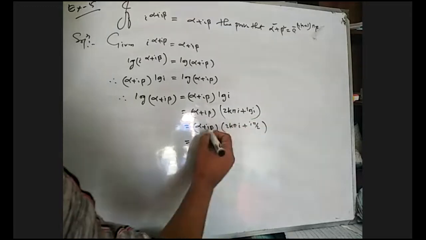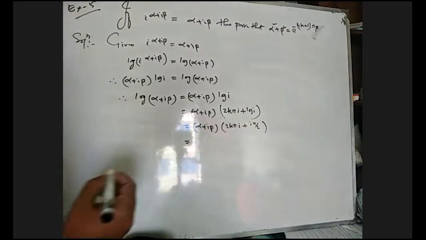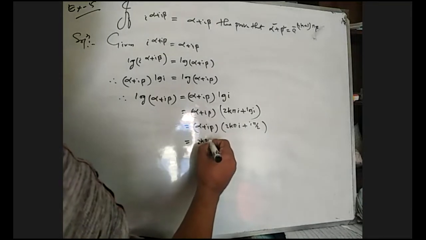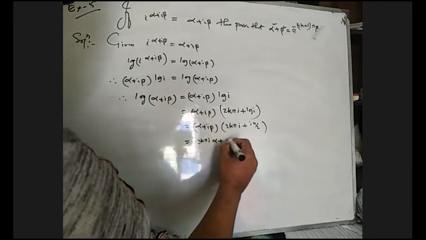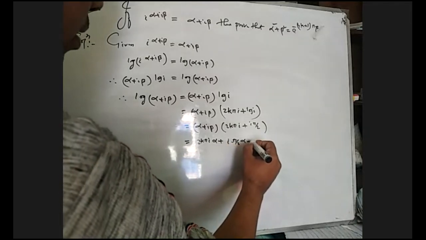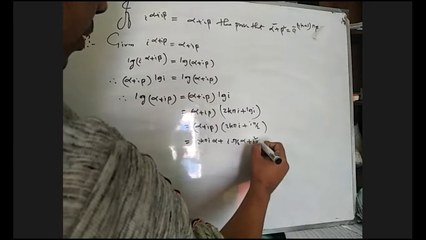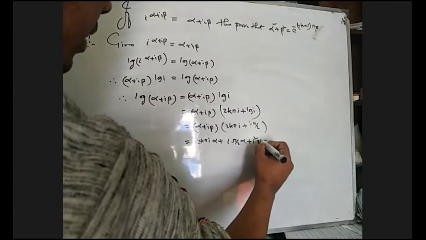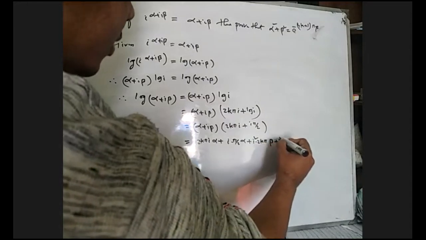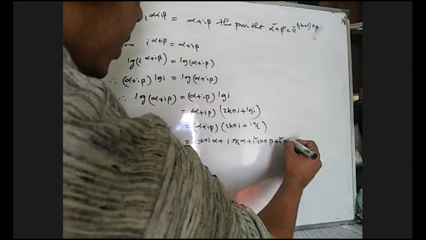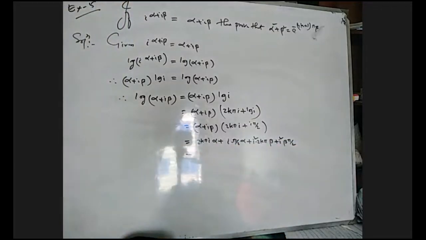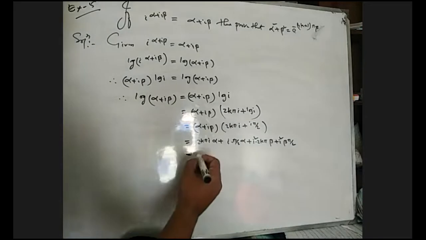Now alpha into this plus i beta into this, we get what? Twice k pi i alpha plus i pi by 2 into alpha plus i square twice k pi beta plus i square beta pi by 2.